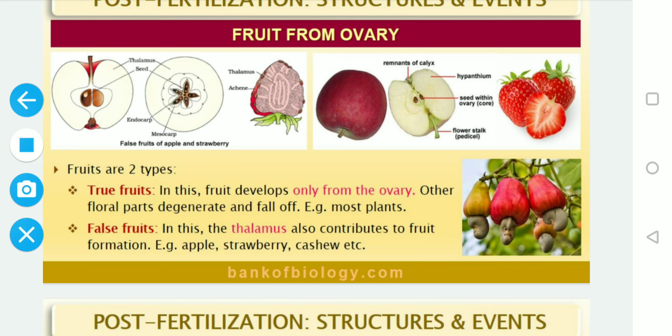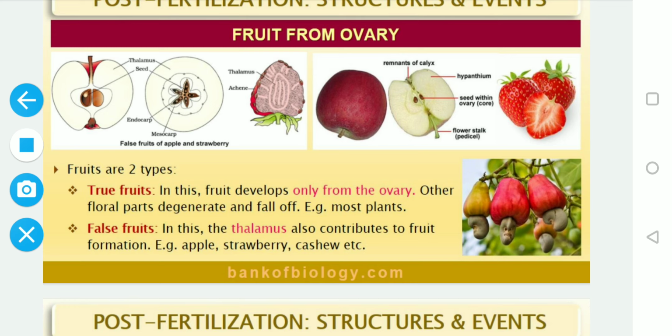The apple, the edible structure is the white color, right? That edible structure of the apple is nothing but thalamus. Even in the case of strawberry also. While you are eating, you must have experienced strawberry containing minute and numerous seeds. But the fleshy region, what we consume, is nothing but thalamus.